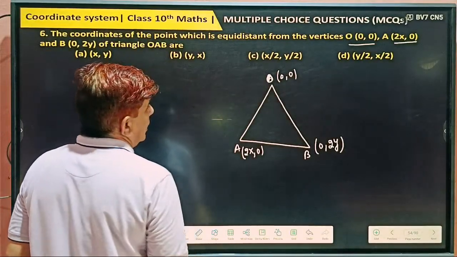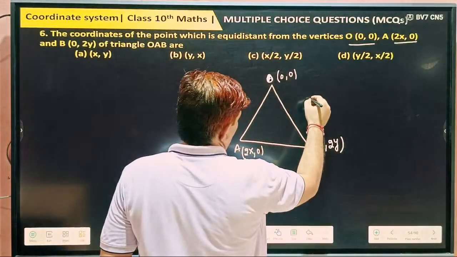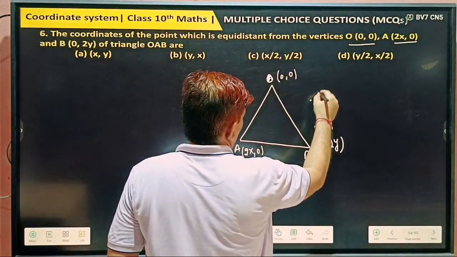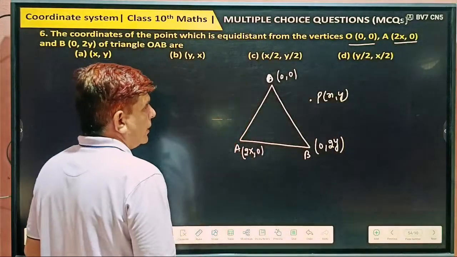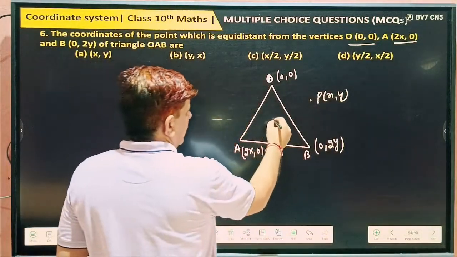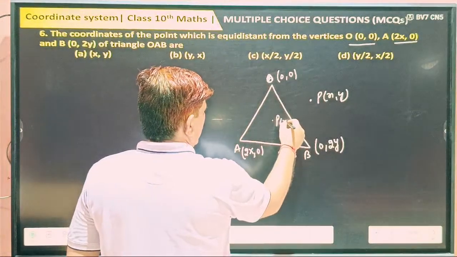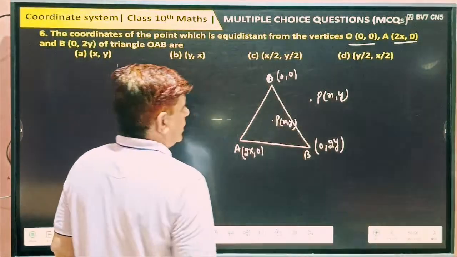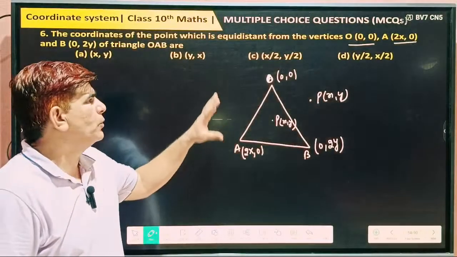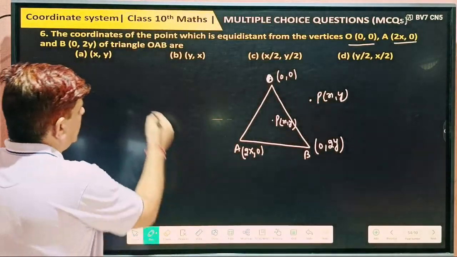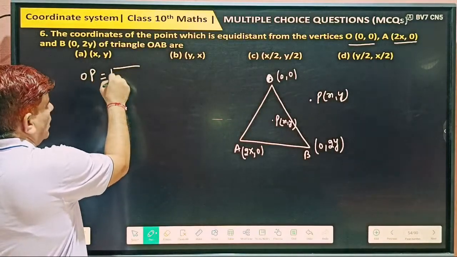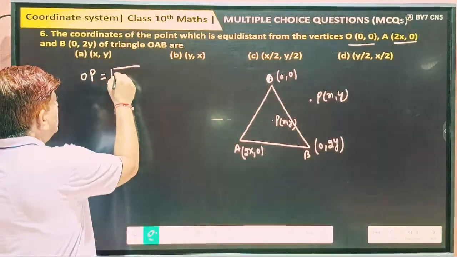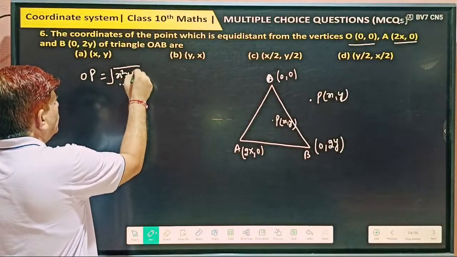So we can say P is the point whose coordinate are x and y. Here you can take P point whose coordinate are x and y, and its distance from these 3 points are equal. So first we can find out OP. OP equal to under the root x minus 0 whole square plus y square.